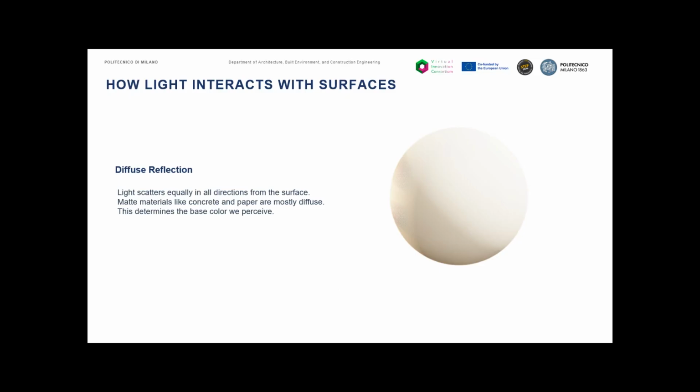Those are usually matte materials: concrete, paper, fabric, ceramics, and glazed ceramics. They are primarily diffuse because the base color we perceive is determined by which wavelengths the surface reflects. This is the simplest material behavior and the one that defines the baseline appearance of most everyday surfaces.